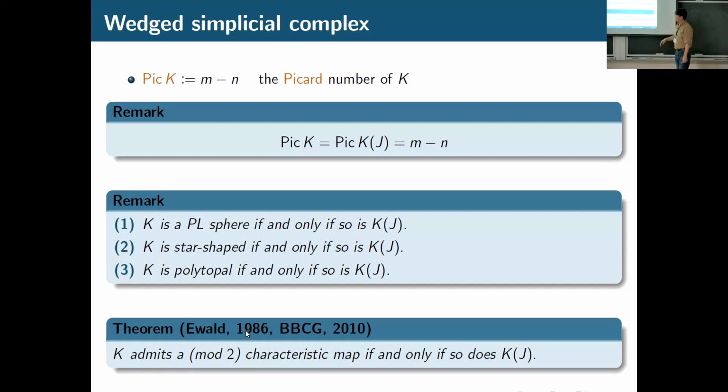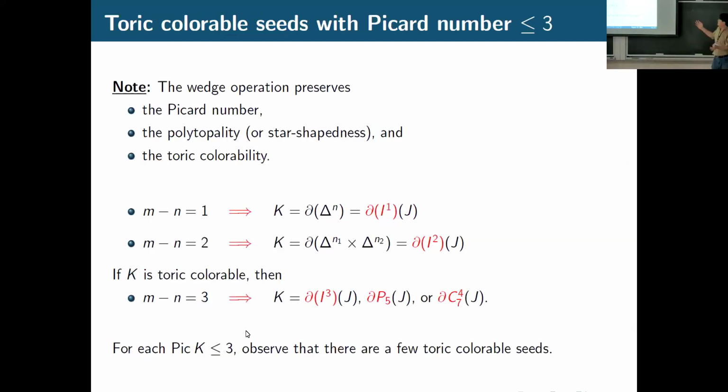This is very important. This theorem originally considered this construction only for toric manifold cases. After that, BBCG, Tony et al. proved it for general toric spaces. So let me remark again: the wedge operation preserves the Picard number, polytopality, and toric curability.